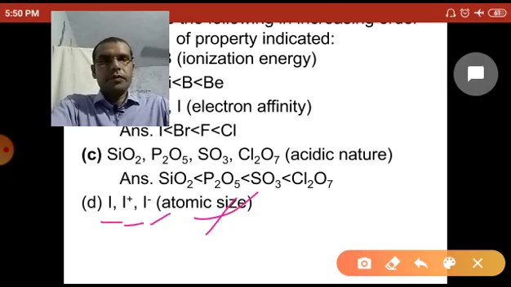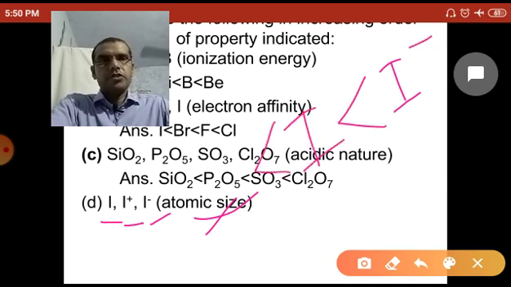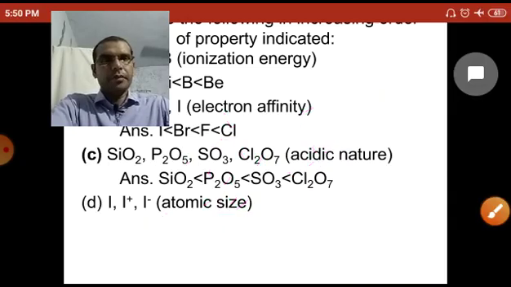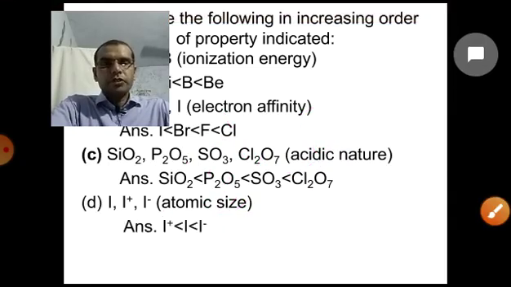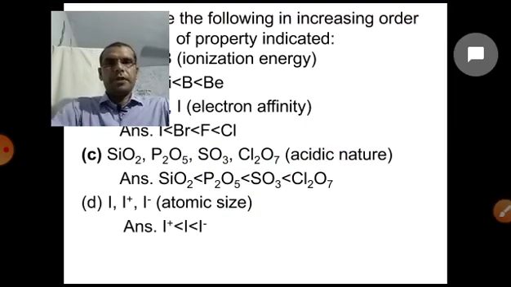So the sequence of atomic size among these: I minus has more atomic size than neutral iodine, and neutral iodine has more atomic size than I plus. So the sequence here is I plus, I, and then I minus.